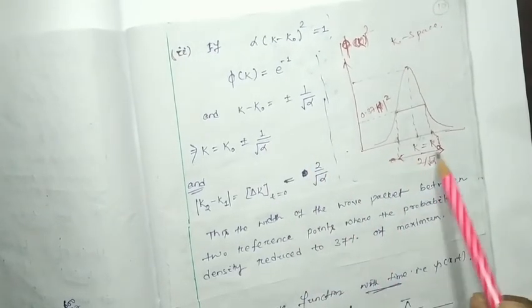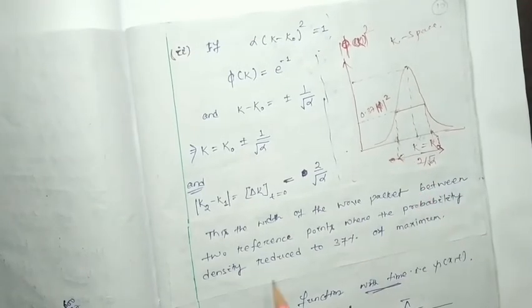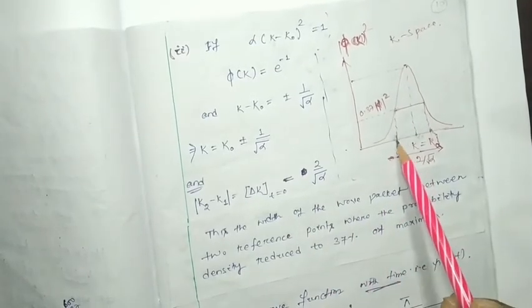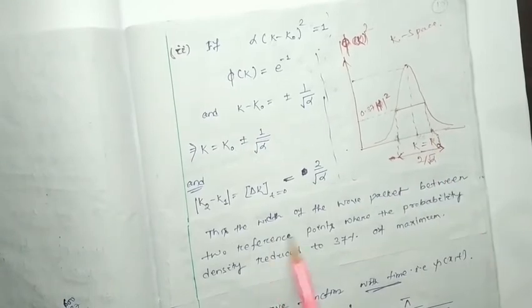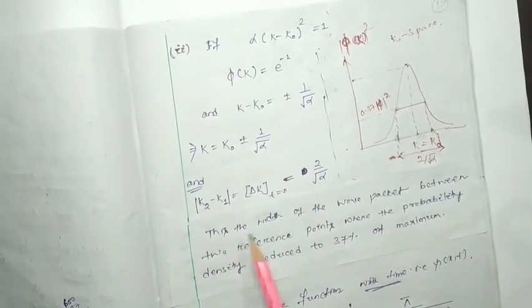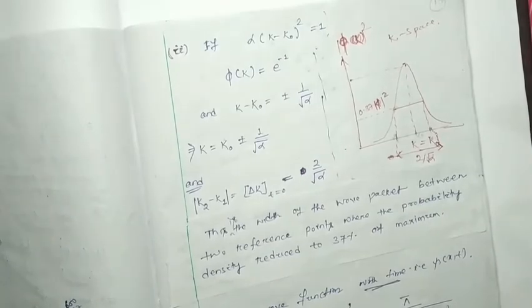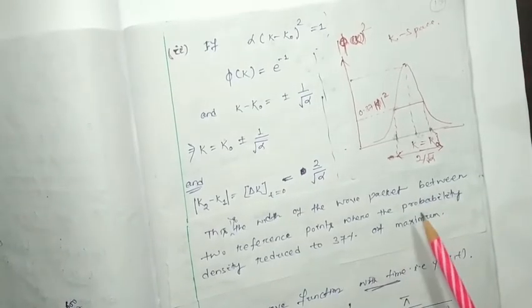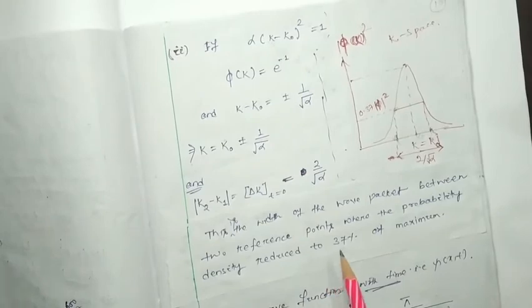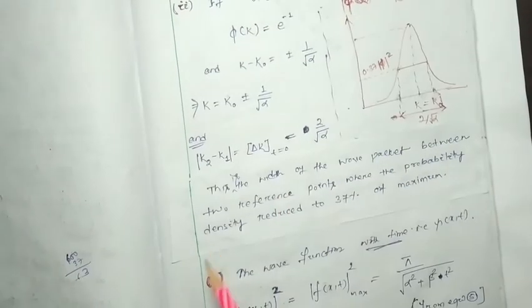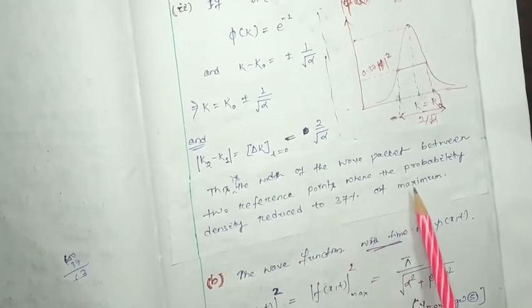and this width of the wave packet between two reference points, here I have written, this is the width of the wave packet between two reference points where probability density is reduced to 37% of maxima.